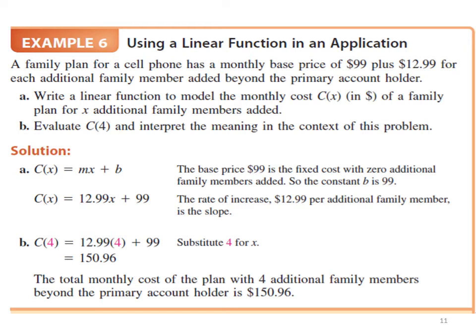To evaluate C of 4, in the equation that represents the cost, substitute 4 for X. So you have 12.99 times 4 plus 99. It should give you $150.96. This is now the total cost for the plan if you add 4 additional family members.